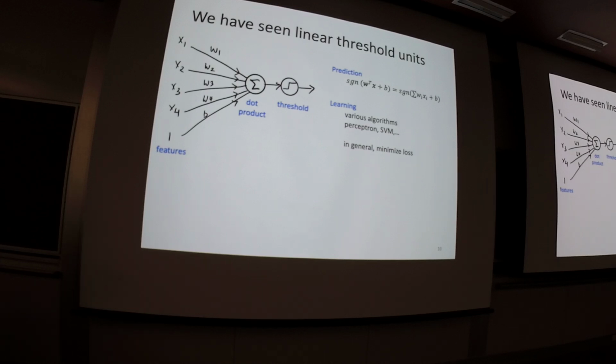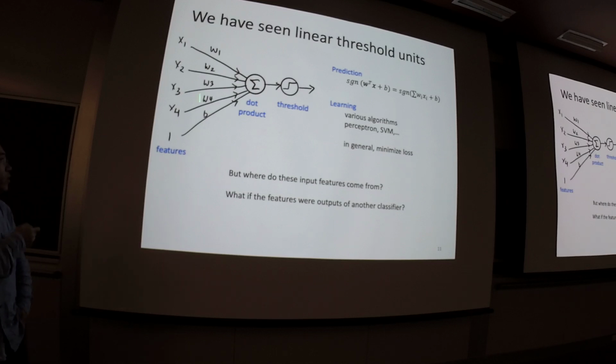So this is a natural representation of a linear classifier. And now the question is, we know those features directly come from the original data, right? So what if I do not want those features to come directly from the data? We make some features based on the data. Can we do it?